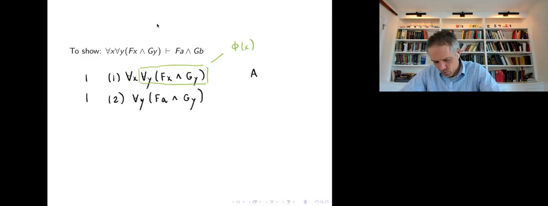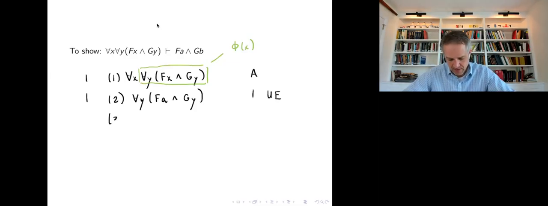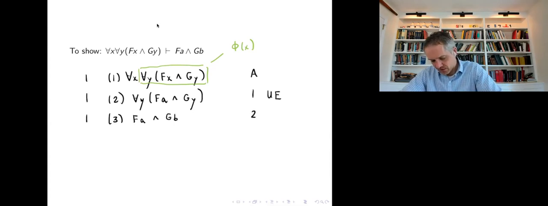Okay, so that follows from 1, universal elimination. And now 2 is also a universal statement, for all y such and such. So I can take that off. I can put in whatever name I want for y. In this case, I want b. So I now go to Fa and Gb. So again, that's from 2, universal elimination.